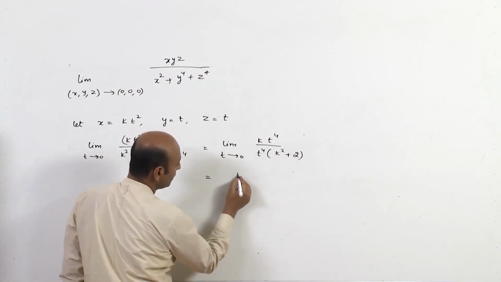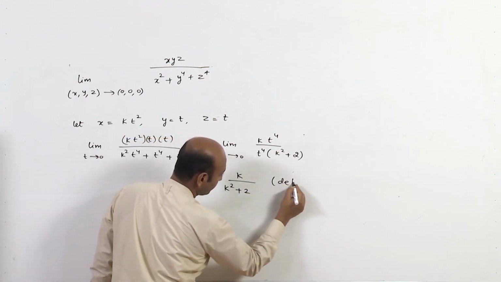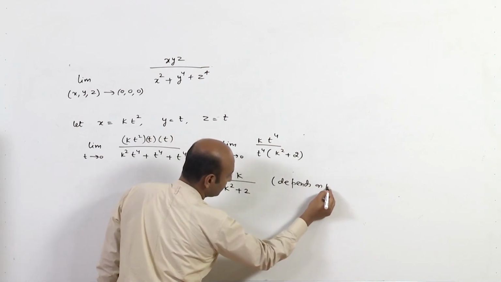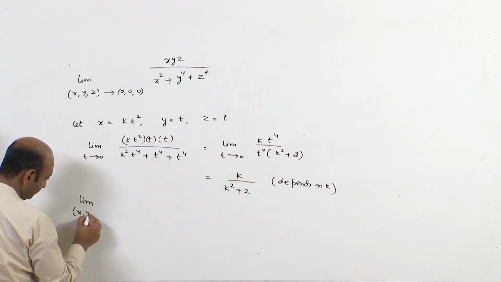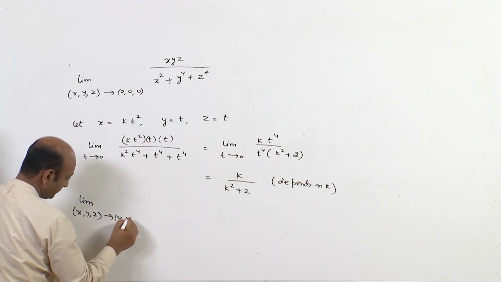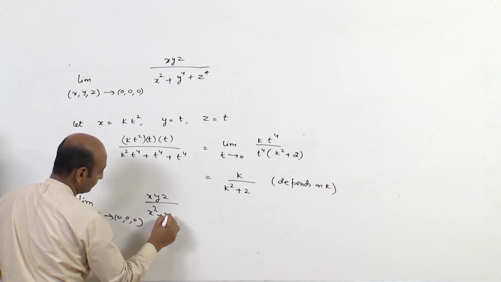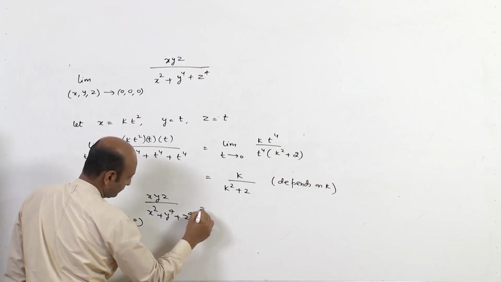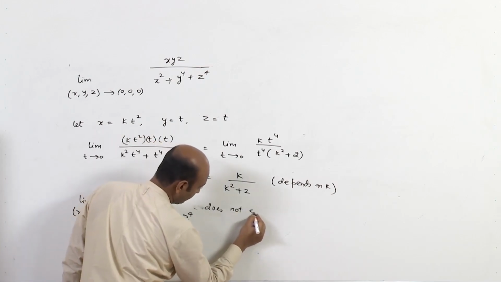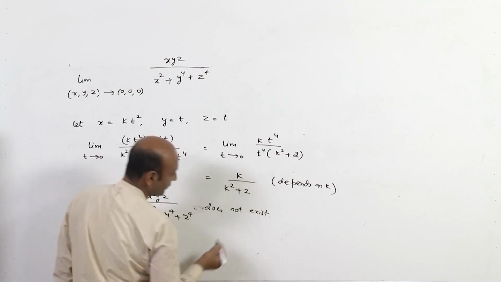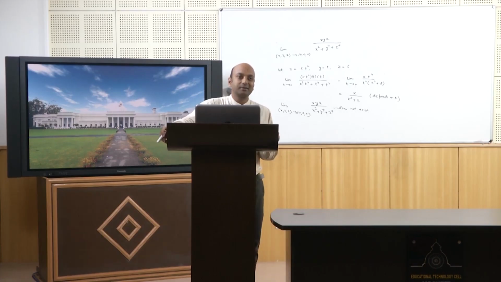So this will be equal to k upon k square plus 2, that is, it depends on k. This means this limit does not exist.